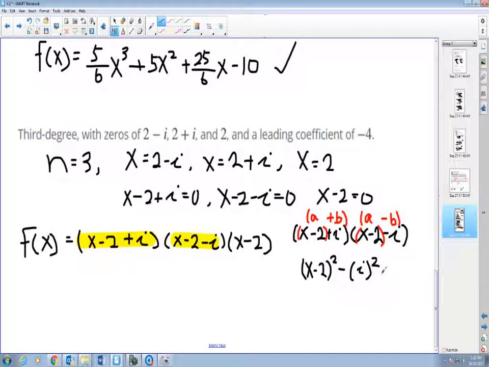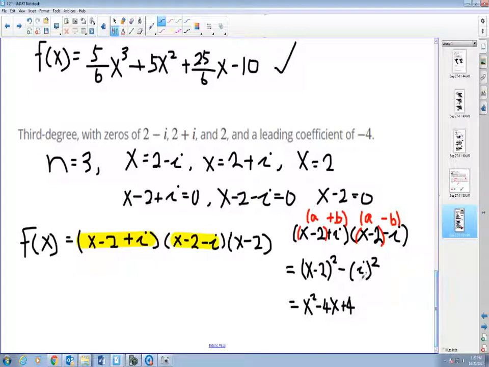Now why would you want to look at it this way? Because it helps me multiply these two things out a lot more quickly. If you know the perfect square binomial, a squared minus 2 times a times b, that will be x squared minus 4x, plus your b squared, which is 4. You don't have to multiply it out if you know the formula. It helps you tremendously here.